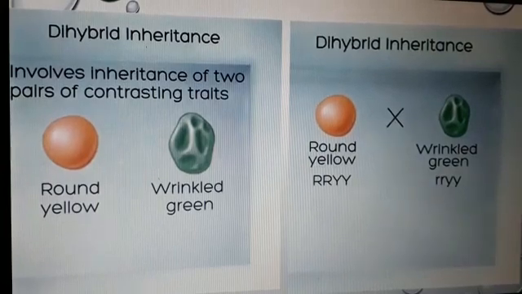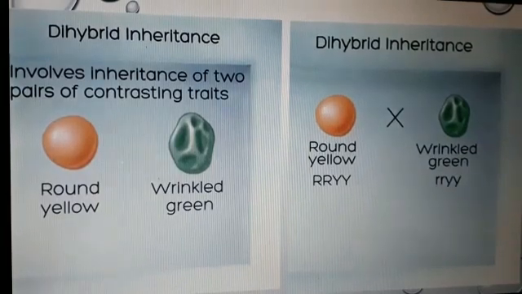Every seed will either be round yellow, or it will be wrinkled green. These are purebred pea plants with round yellow seeds and purebred pea plants with wrinkled green seeds.